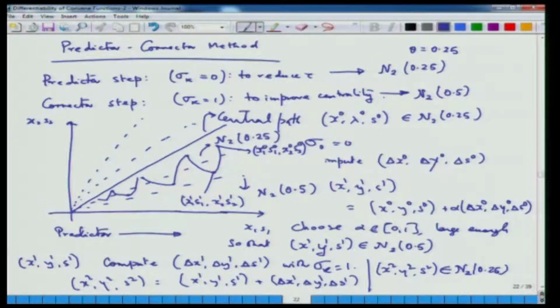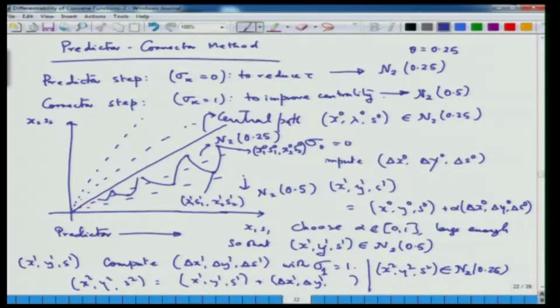Now, again in this step, once I am in the smaller neighborhood, I will again choose sigma 2 equal to 0, and then again I will keep on starting. Here my sigma k is 1. So, here I have started with sigma 1 equal to 1. Now, I will choose sigma 2 equal to 0 and generate the point x3 y3 s3, and then that point is in the bigger neighborhood.